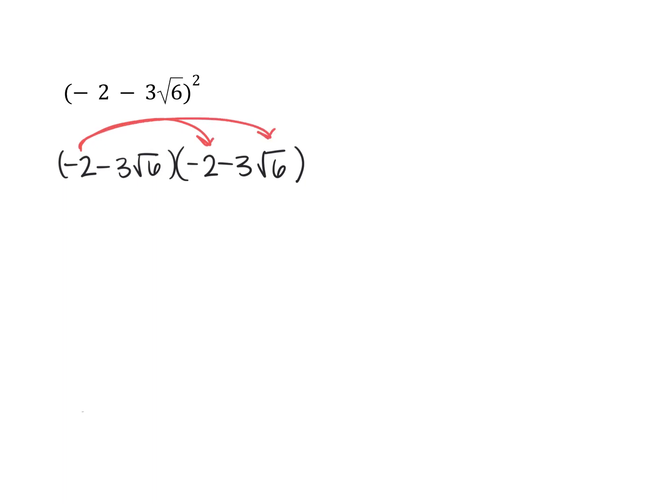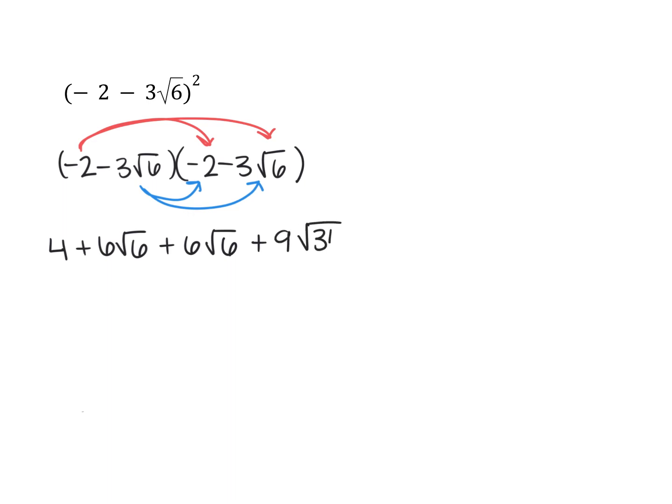So negative 2 times negative 2 is going to be 4. Negative 2 times negative 3 square root 6 is positive 6 square root 6. Then negative 3 square root 6 times negative 2 is positive 6 square root 6. Then negative 3 square root 6 times negative 3 square root 6 is positive 9 square root 36.